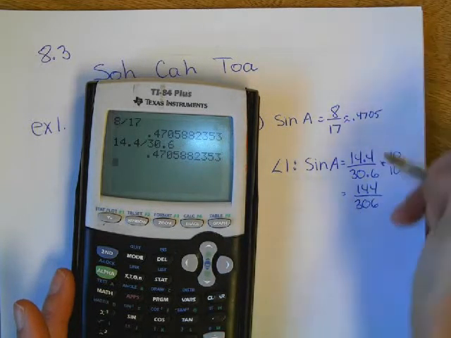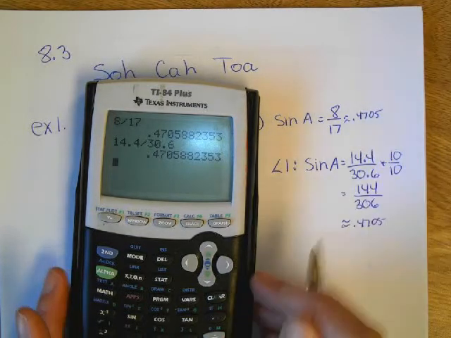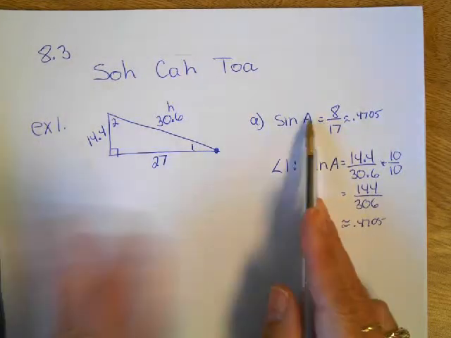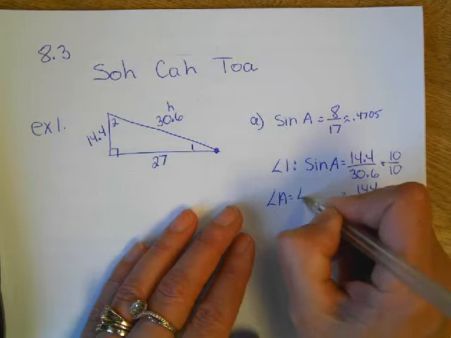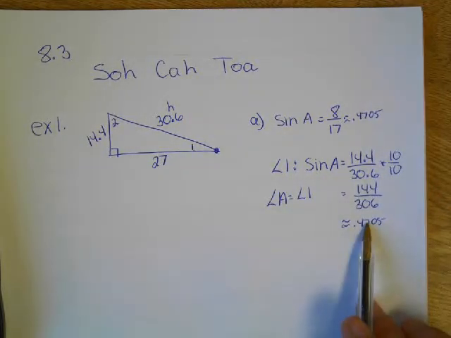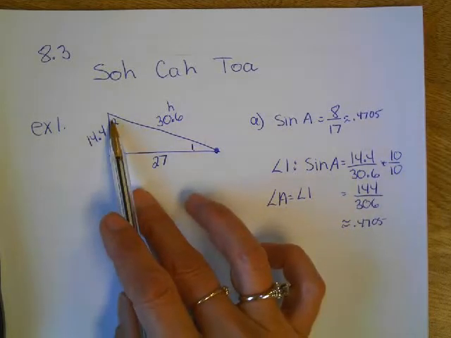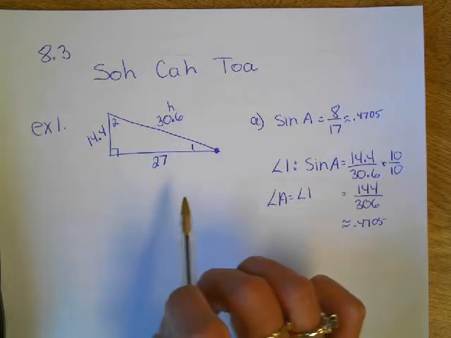So this does equal 0.4705. So in this case, angle A is angle 1. I guessed the right one right off the bat. If that one had come out a different value, it would have had to have been angle 2, and we would have checked it by doing opposite over hypotenuse.